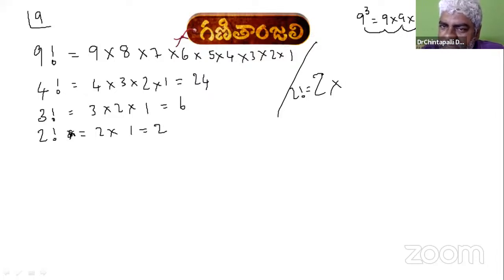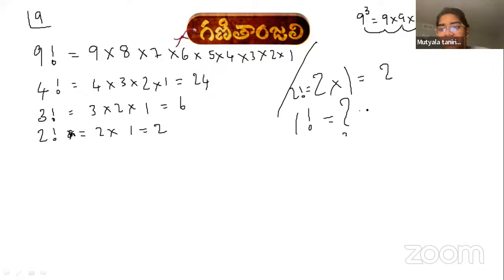What is the meaning of 1 factorial? 1 is multiplied with its previous number, 0. But if you multiply with 0, it would be 0. So it's 1 times 1. Of course, 1 factorial is equal to 1.